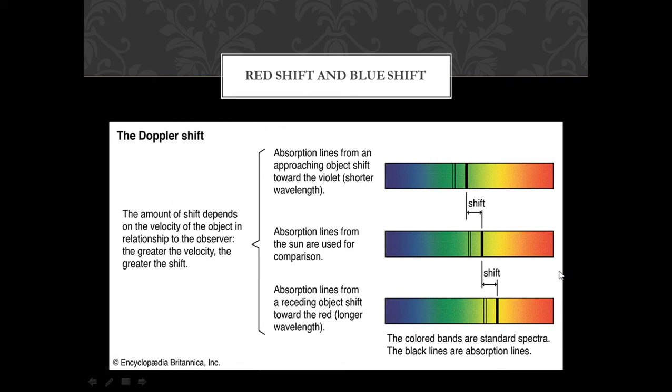So we can use light emitted by the sun as a reference and compare it with the light that we get from the stars, and by using the shift between these two data we can determine the velocity with which the star is moving towards us or away from us.